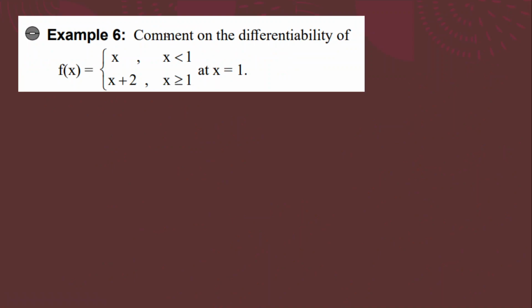Next, comment on the differentiability of the next function. Sa left hand derivative tayo, so f prime x is limit delta x approaches 0 from the left. Ang gamitin natin ito, x plus delta x.